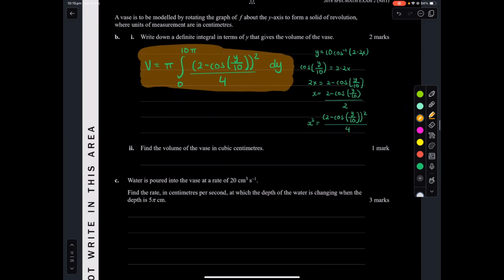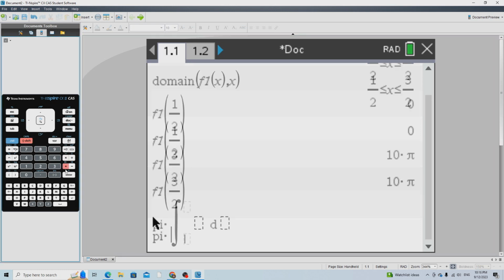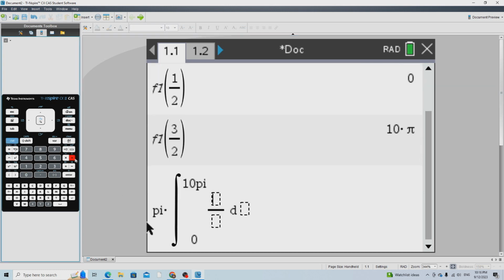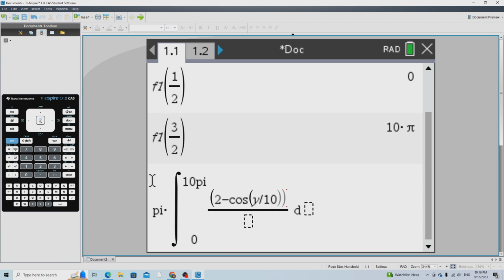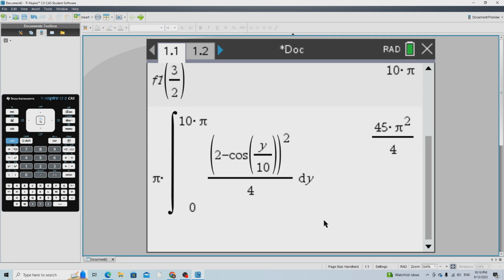All right, next question. Find the volume of the vase in cubic meters. Okay, very easy. Just evaluate it. Let's use our CAS. So we're saying pi times the integral from 0 to 10 pi of the function (2 minus cos y over 10) all squared divided by 4 in terms of y, and we get 45 pi squared over 4.